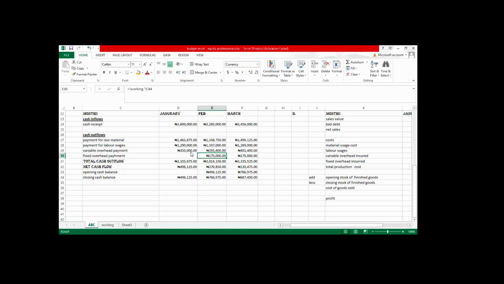What about January? That means the fixed overhead for December will be paid in what? January. What is the fixed overhead for December? It was incurred in December.